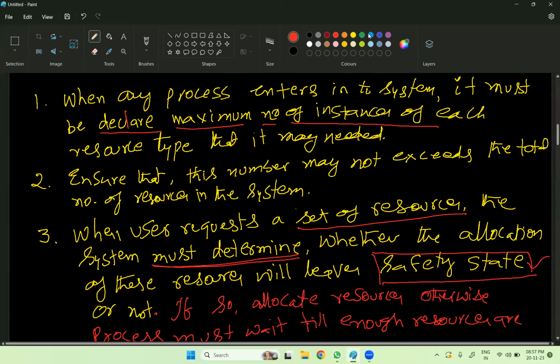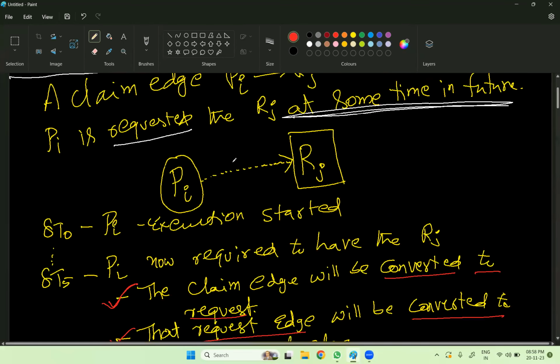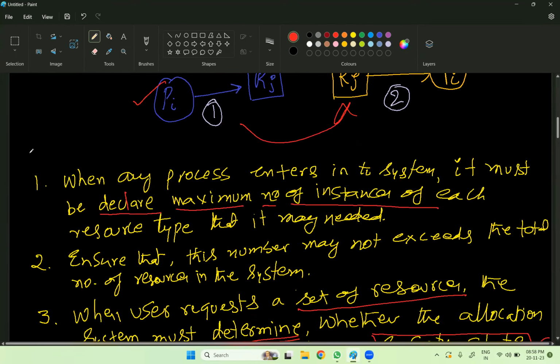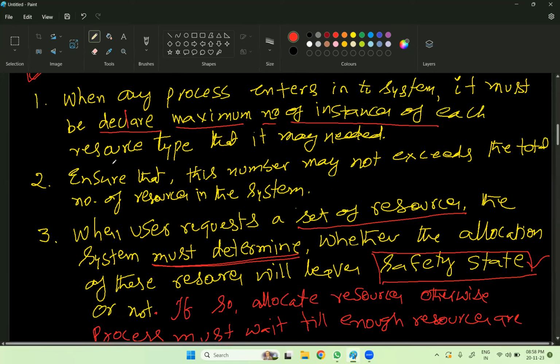If it does not leave the safe state, it must wait until enough resources are available for continuing the execution. So this is the procedure. Based on this procedure, the banker's algorithm can be worked out. If you understand the discussion I have made under this heading, points 1 to 3, then I shall continue with the banker's algorithm.